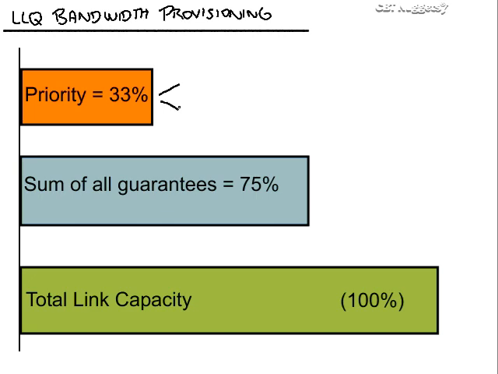So by only allocating 33%, I'll just put V and V here so I don't talk and write at the same time and scramble my words. Voice and video, if they're using their 33%, you know what? We still have around 75% of that bandwidth left over for all the applications that are still using the network. So most likely people won't notice a huge difference if only 33% of the bandwidth has been taken for voice and video.